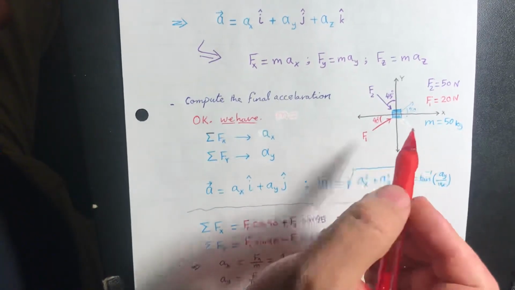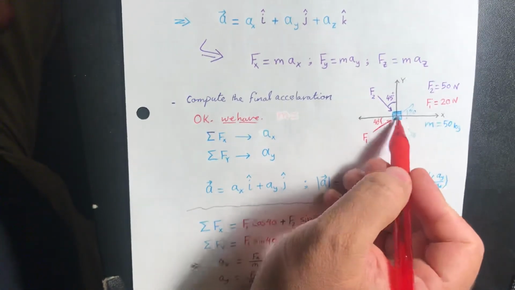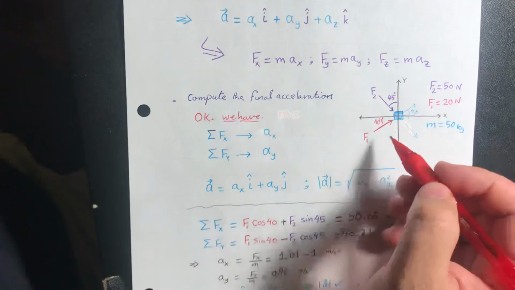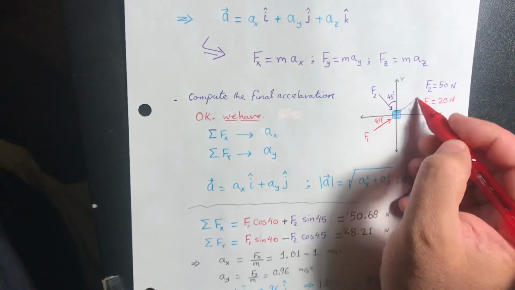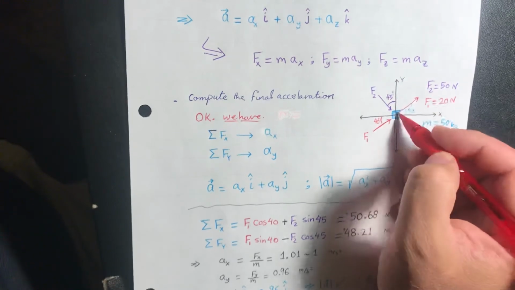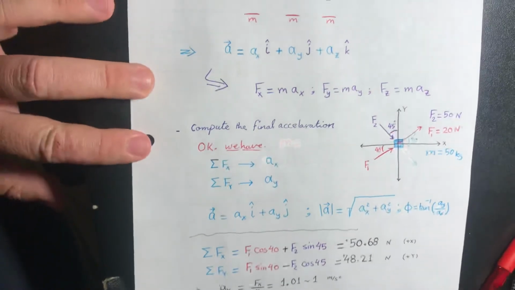But when we draw them, their starting point from the origin, we need to draw f1 in this case. This is f1, and this is f2.